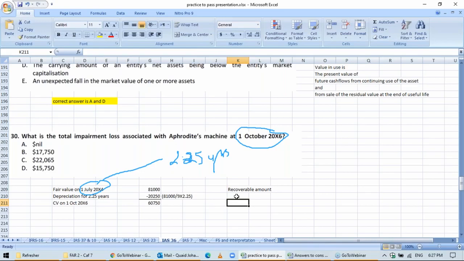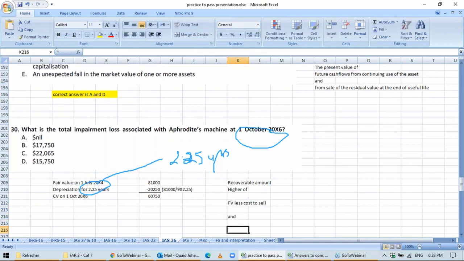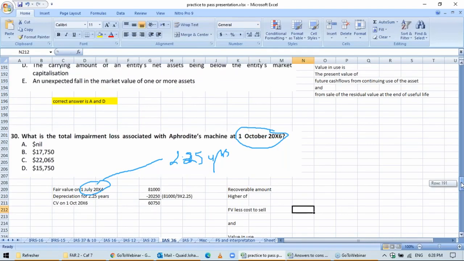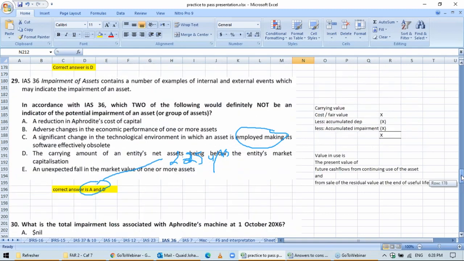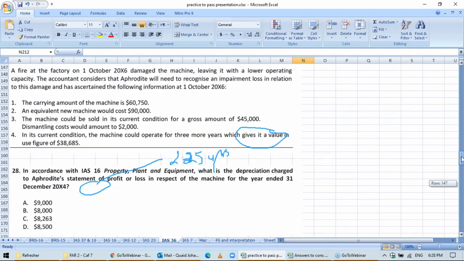So recoverable amount is the higher of fair value less cost to sell and value in use. So let's move on to the question to see what is the fair value less cost to sell and the value in use of the asset, the machine. So I'm moving back to the question. Let's check.